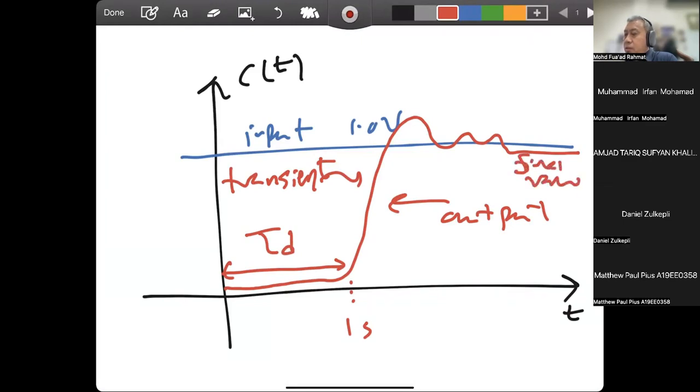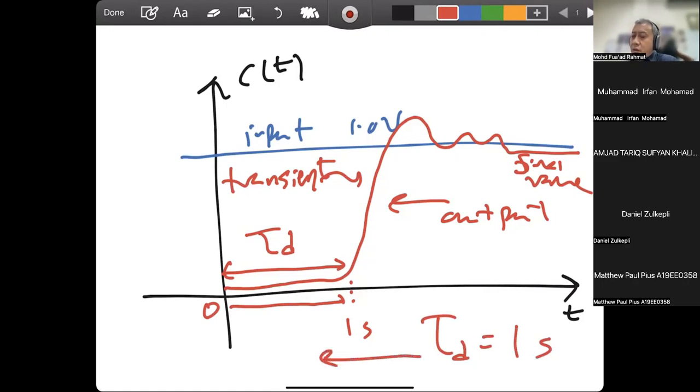The period between 0 and the transient response pickup is known as the time delay. In this case, time delay is equal to 1 second. In the expression of the time response, it will be like this, exponent minus t. So 1 second is 1 multiplied by t.